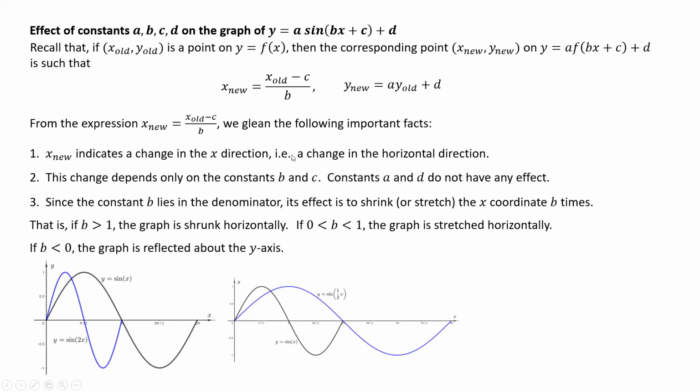X old divided by -1 is negative x old. X new, apparently, the new value of x would be negative of the x old. Can you imagine what that would do? If x old is 5, apparently x new would be -5. If x old was 4, the x new would be -4. On the other hand, if x old were to be -2, x new would be +2.